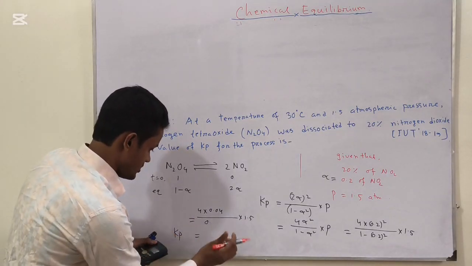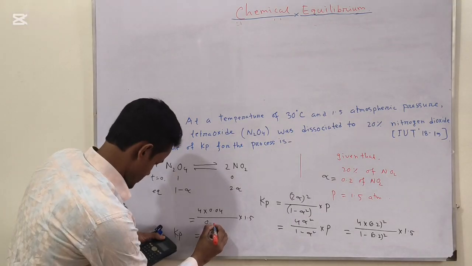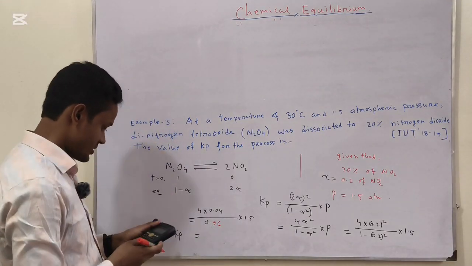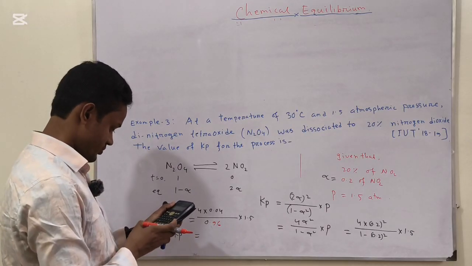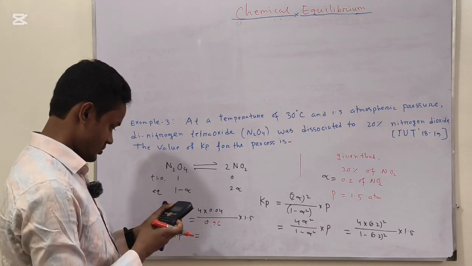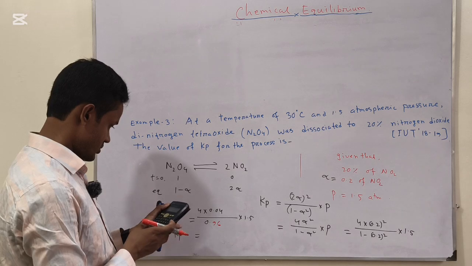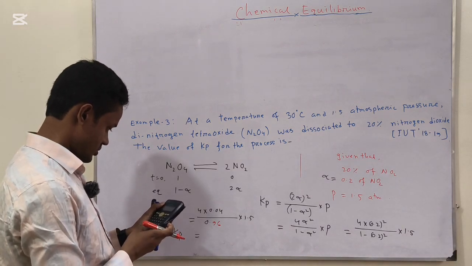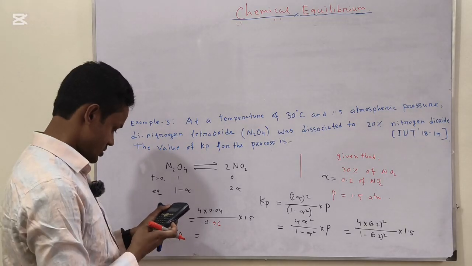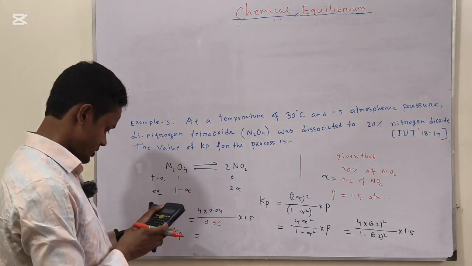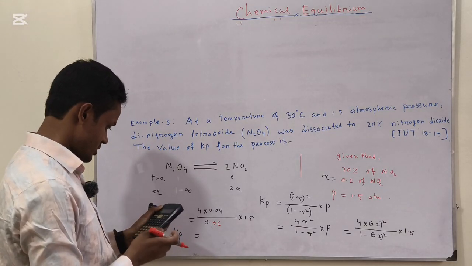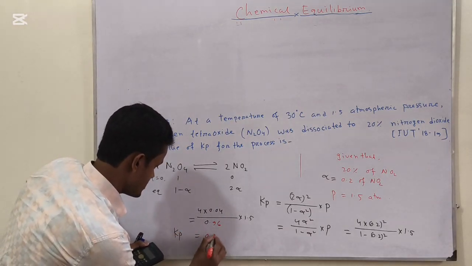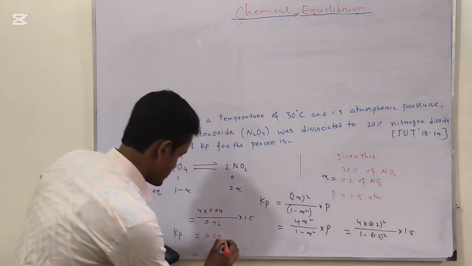Then the value 0.96. Okay, 1.5 divided by 0.96. The value of Kp is 0.250.